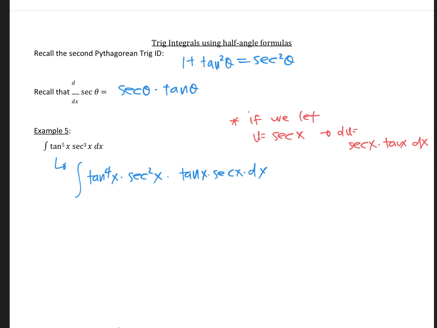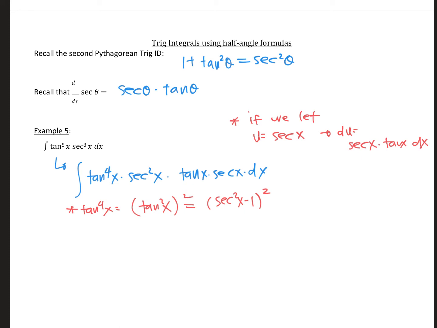So my u is going to be secant. How do I rewrite the rest? Tangent to the fourth is tangent squared, squared. Here I can say tangent squared is secant squared minus 1, so it's (secant squared x minus 1) squared.